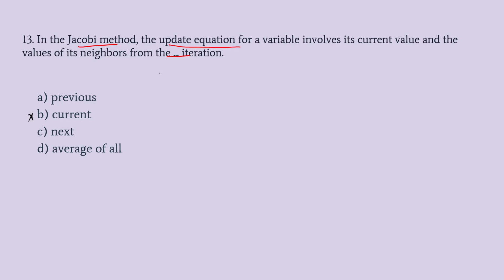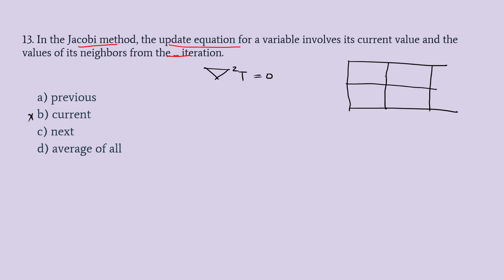Let me explain with an example. Let's take the same one, the steady state heat transfer equation, that is Laplace equation, del square T is equal to 0. Let us consider a rectangular domain. I'm just taking only 4 nodes.